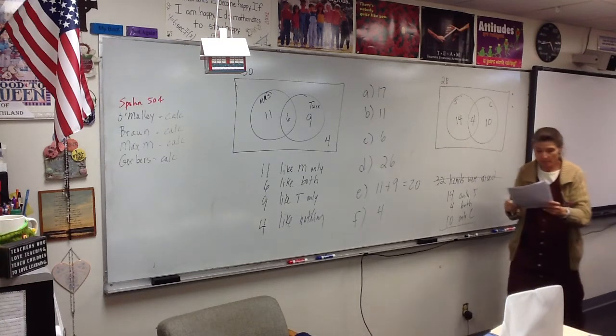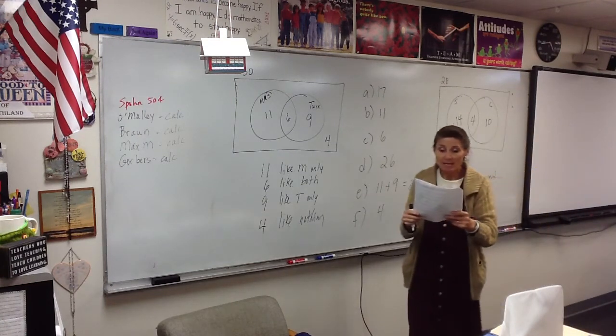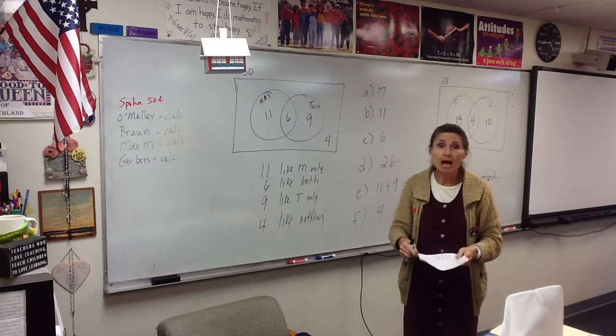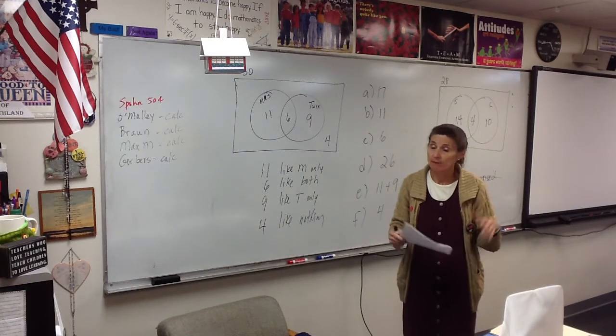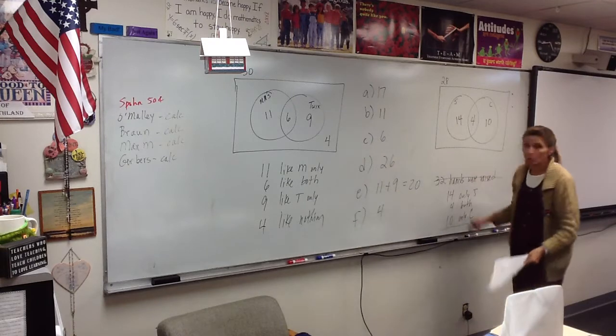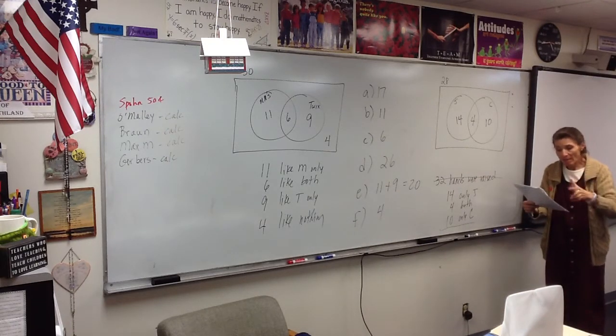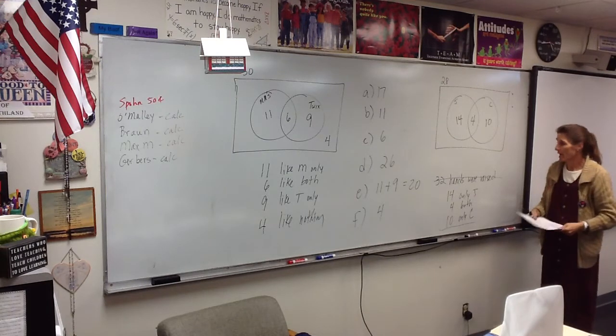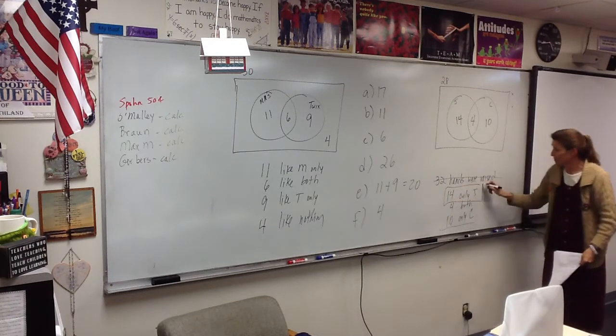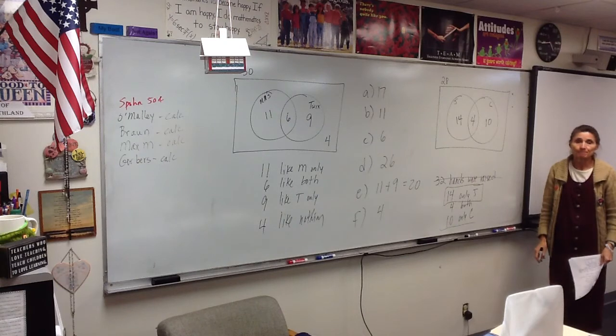So now you can answer the question, how many students like only jazz? That's the question. We did all this work, I did all this blabbing to get to that question. How many students like only jazz? Only jazz would be 14.